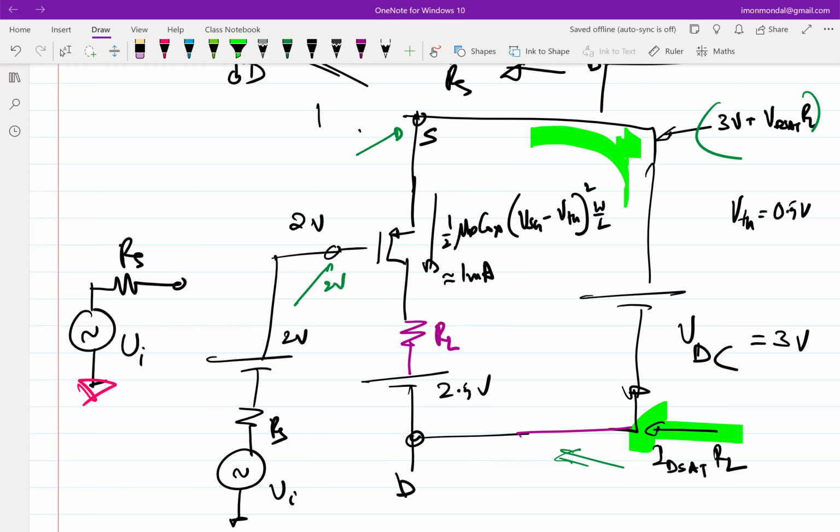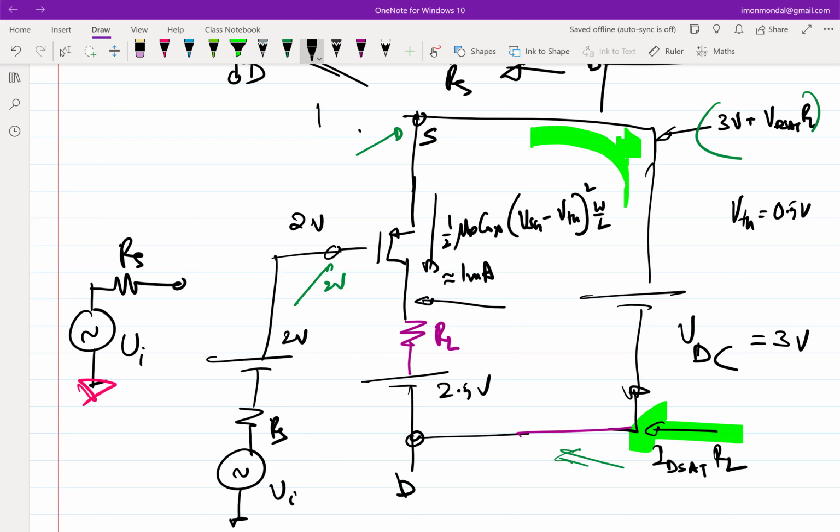But now you can turn around and tell me one thing. What about the quiescent drain voltage after I have connected RL? Is it still 2.5 volt? In the absence of RL, the drain voltage was 2.5.